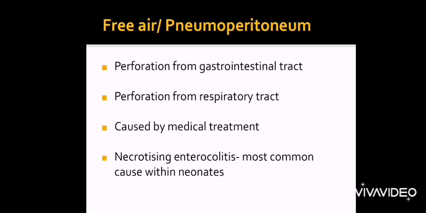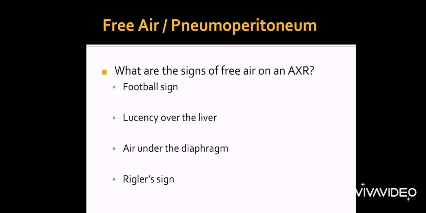So NEC is an acute abdominal condition for neonates, and there are multiple factors, but the reason why it shows up on an X-ray is because there's damage to the intestines, and then there's necrosis within the bowel. This is why you may get some air in places where it shouldn't be, and it can just look slightly abnormal.